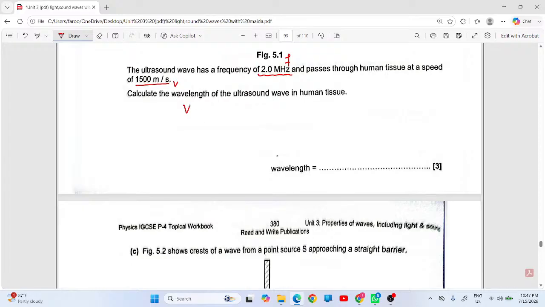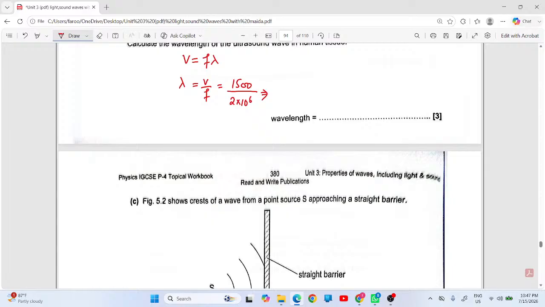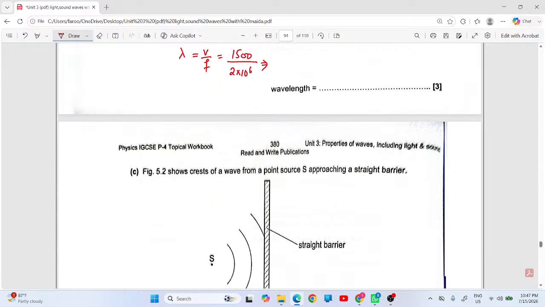So v is equal to f lambda. Lambda equals v by f, 1500 divided by f, 2 × 10⁶ hertz.